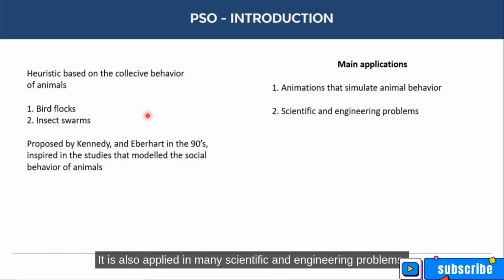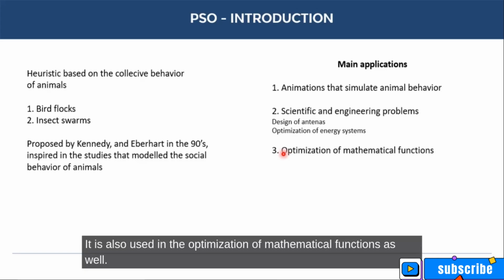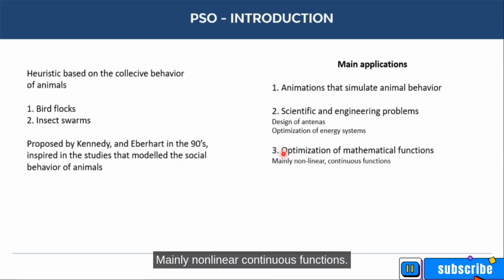It is also applied in many scientific and engineering problems, for example, design of antennas and optimization of energy systems. It is also used in the optimization of mathematical functions as well, mainly nonlinear continuous functions.